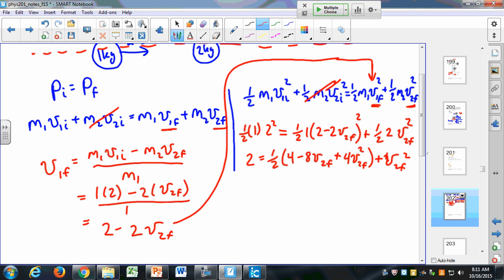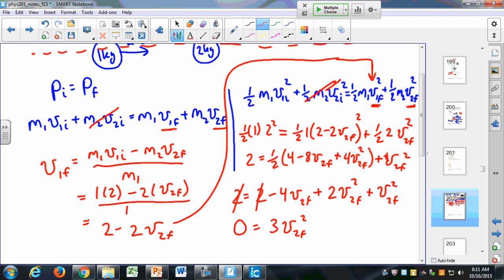Okay, and then I have to solve this. Distribute that half. I can get rid of these 2's, subtract 2 from both sides, and I'm left with this. I have 0 equals 3 V2F squared minus 4 V2F.